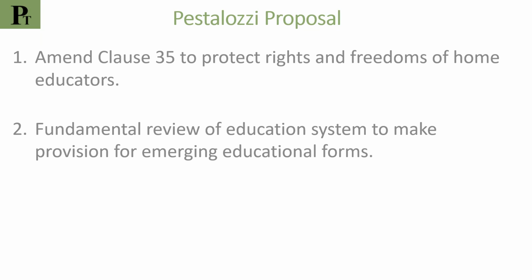Since 1996, the education landscape has changed from a unipolar landscape dominated by schools to a multipolar landscape consisting of a diversity of educational forms, of which home education is only one. Other forms include online schools, tutor centers, cottage schools, collaborative home education, co-working spaces, etc. This was not only proposed by the Pestalozzi Trust, but many other stakeholders made similar requests to Parliament.